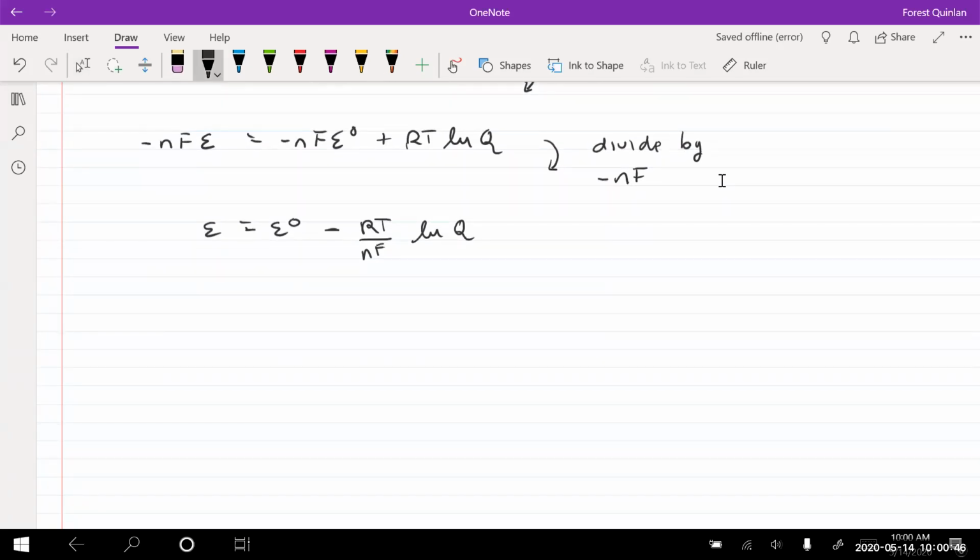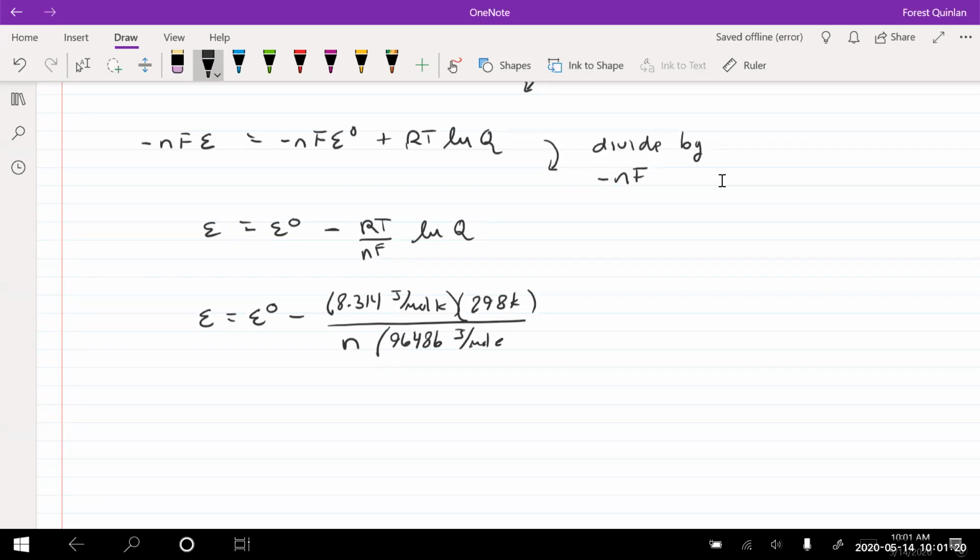If we put some numbers in there, E equals E naught minus 8.314 joules per mole Kelvin, standard state, 298 Kelvin, number of moles N times Faraday's constant of 96486 joules per mole of electrons.